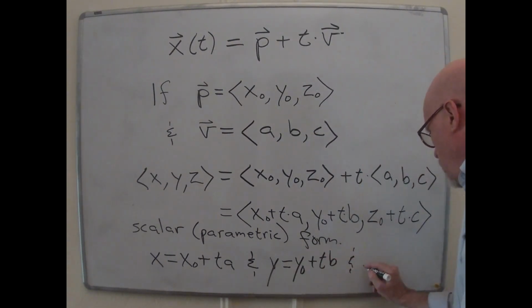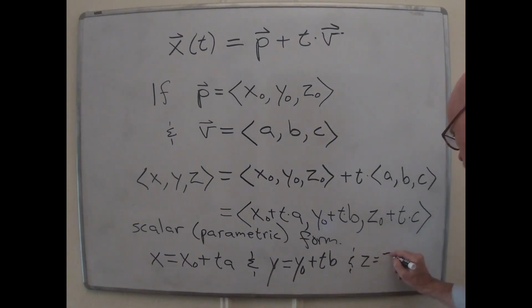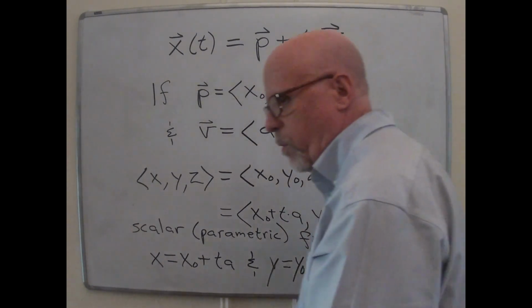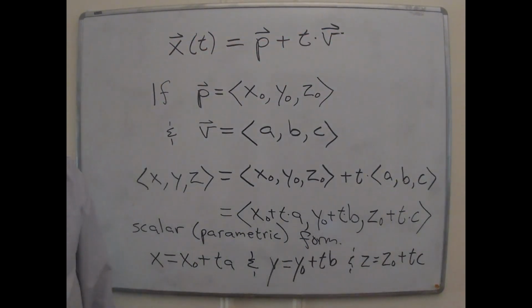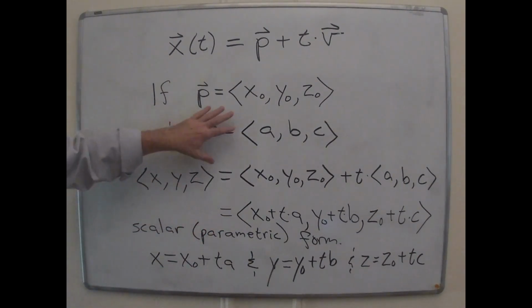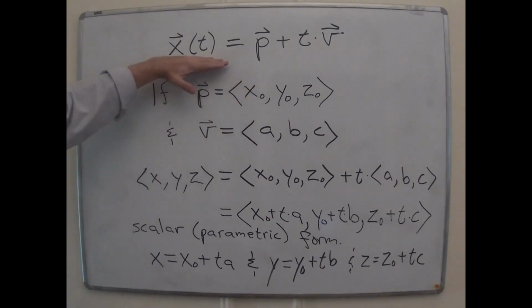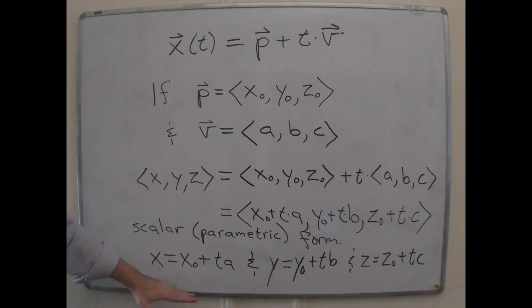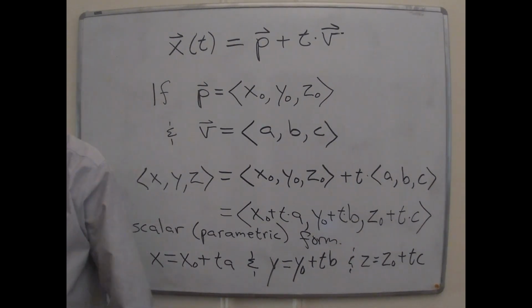And finally, z is z naught plus t c. That's not very profound. And I hope you see that the vector form has actually got the same content in it. And when you don't expand out in terms of coordinates, it's really quite compact. Compare what's at the top of the board to what's at the bottom of the board. So that's one of the reasons we like vector notation.